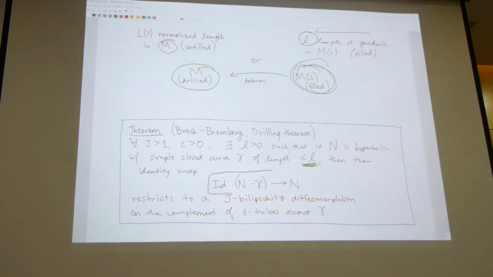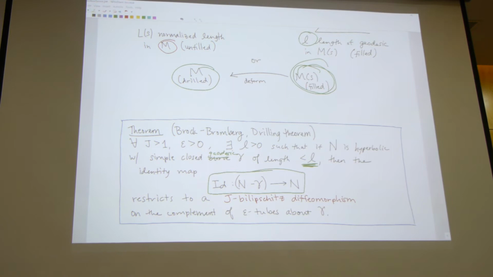So the identity map is a J-bi-Lipschitz diffeomorphism, meaning that the metric is changing in very controlled ways. So gamma is not just a simple closed curve, right? It should be somehow topologically nontrivial? Gamma should be a simple closed geodesic. Okay.